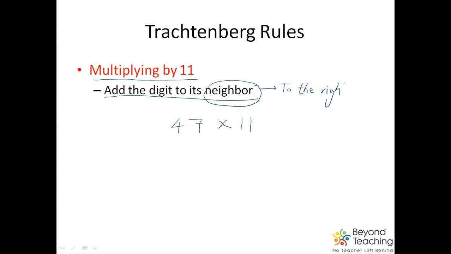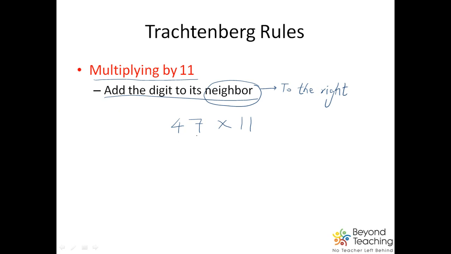So any digit to the right of the digit in question is called its neighbor. Of course, in conventional English, a neighbor is somebody who lives on your left or right. But in this rule, we consider the neighbor as the digit on the right of the digit in question.